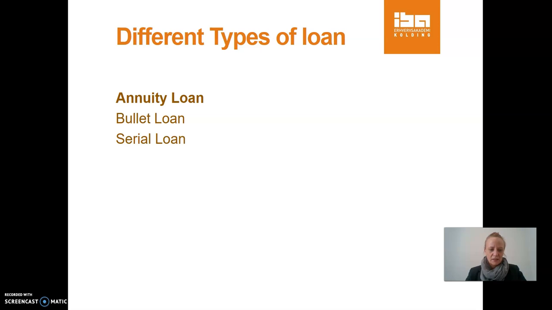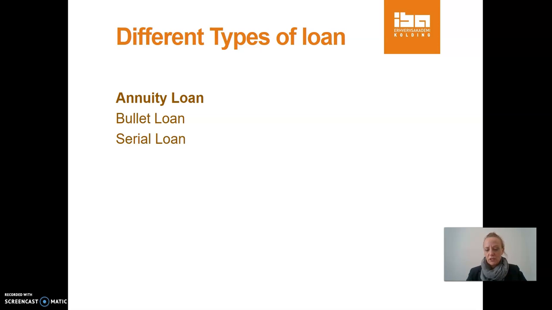The annuity loan that I will present to you in this video, the bullet loan, and the serial loan are the 3 types of loan that you must know after this semester, and how to calculate their actual costs. So costs are one of the assessment criteria that we talked about in the previous videos, used to evaluate what kind of loan a company should take when trying to raise capital for an investment.